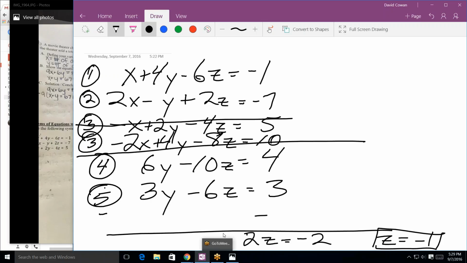So now this is going to allow you to solve for y only. Okay, so substitute. So we have 3y minus 6 times minus 1. And I'm always recommending that you write it like this. In other words, don't try to do this in your head.